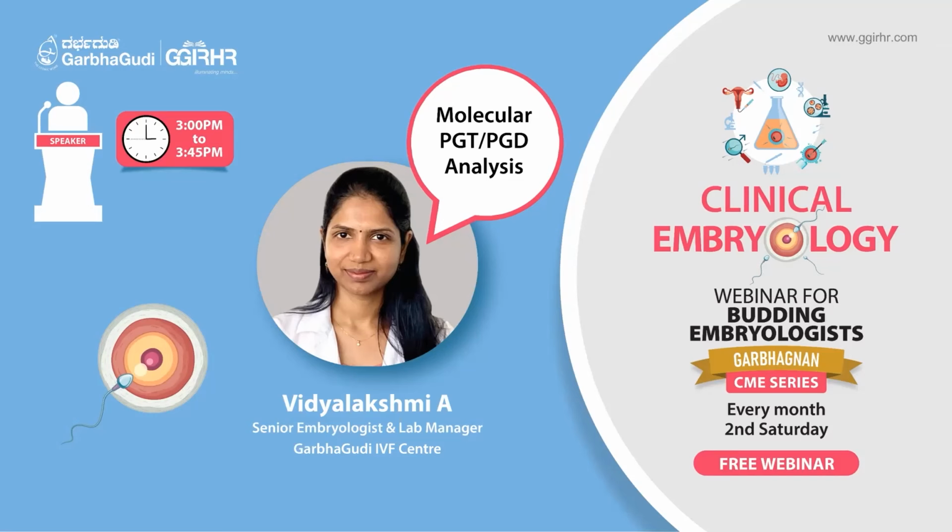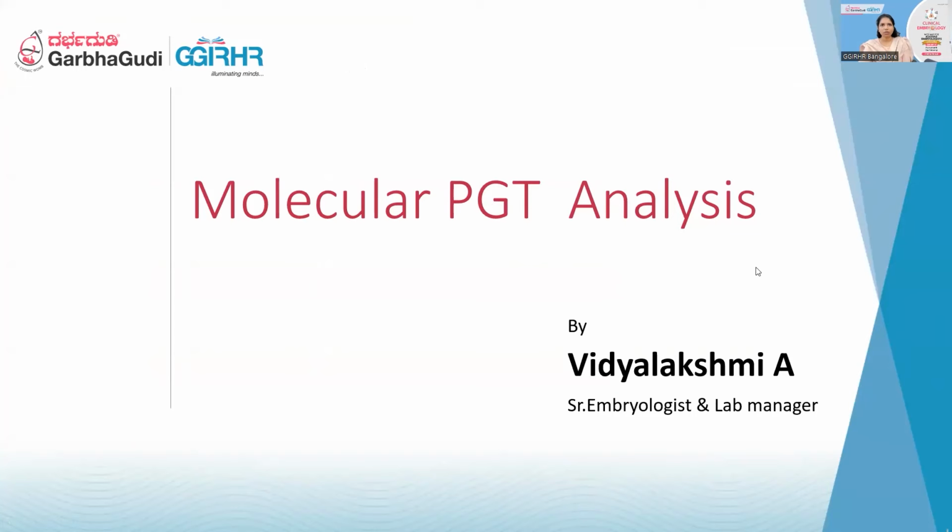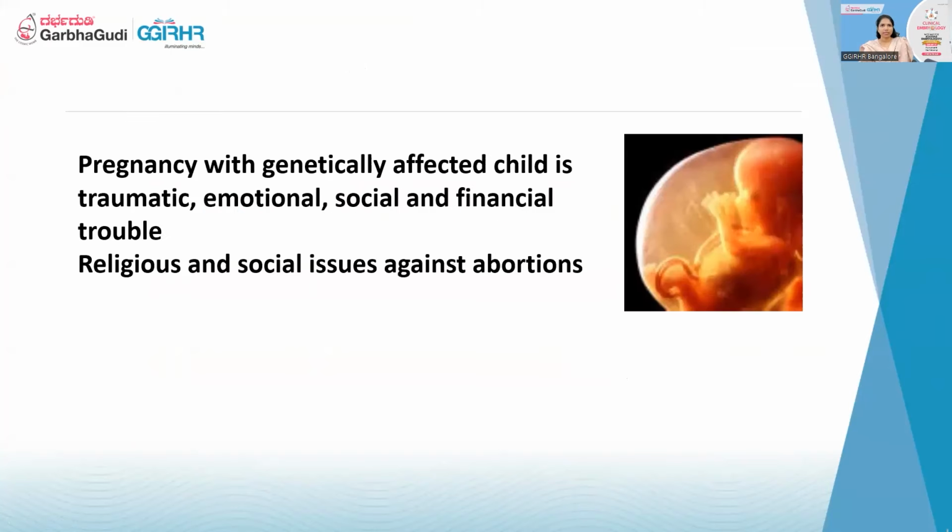Happy evening, everyone. Today we are going to talk about molecular PGT analysis. A pregnancy with a genetically affected child will be a traumatic, emotional, social, and financial trouble. Many religious or social issues are also against abortion. This is general terminology we all know and are aware of.